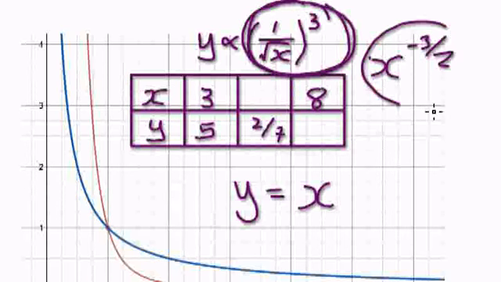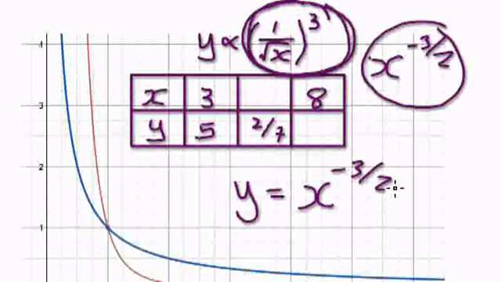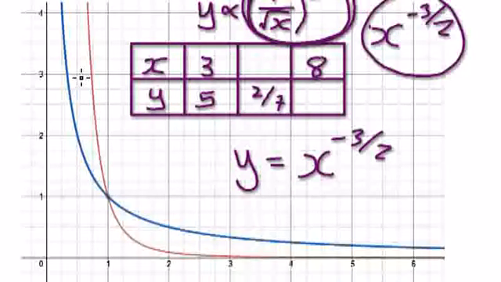So this thing here is the same as this. When you plot a graph of y equals x to the power of minus 3 over 2, that will give you this red line here.